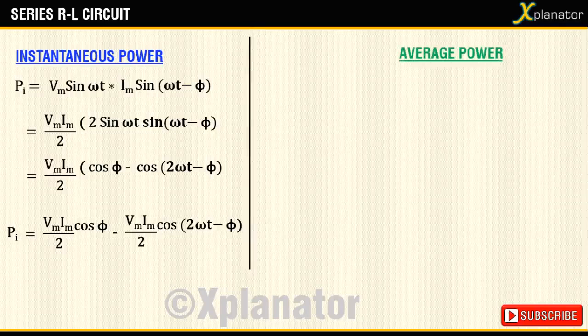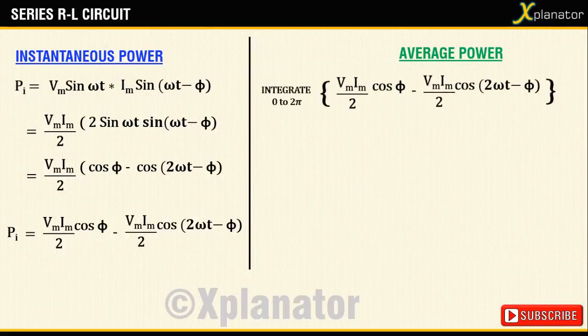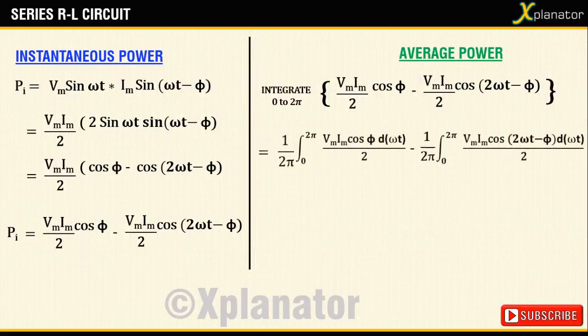Next, to find the average power, integrate the equation over the working cycle, that is from 0 to 2 pi, and divide it by the total time interval. The integration is carried out with respect to omega t. The first part of the equation has no omega t, so all terms are constant. Integration will give Vm Im cos phi by 2, while the second term has cos of omega t in it, and we know that the average value of cos from 0 to 2 pi is 0.